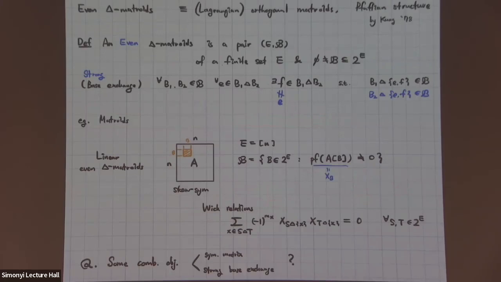An even delta matroid, like a matroid, has a finite set and a non-empty collection of bases, which satisfy the strong basis exchange axiom, but here we replace the set difference by the symmetric difference. And if you neglect the blue colored part, then you get the axiom for the delta matroid.